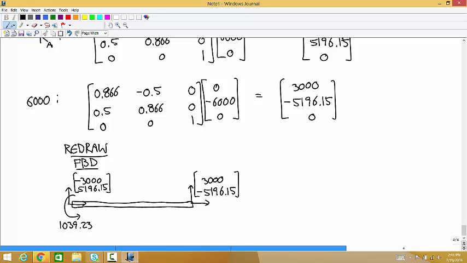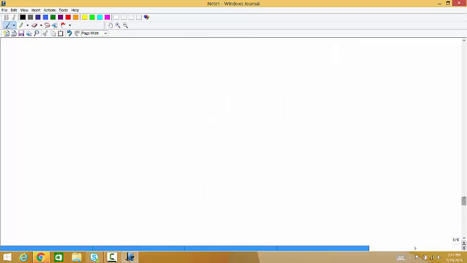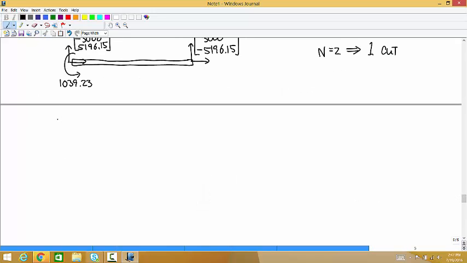How many places are there where the subfunction can change? 2. So n equals 2. So 1 cut. And that cut represents all x values between 0 and 0.2.